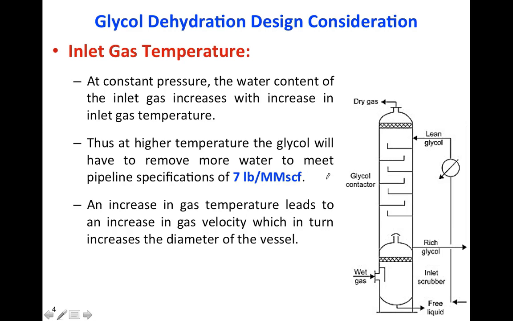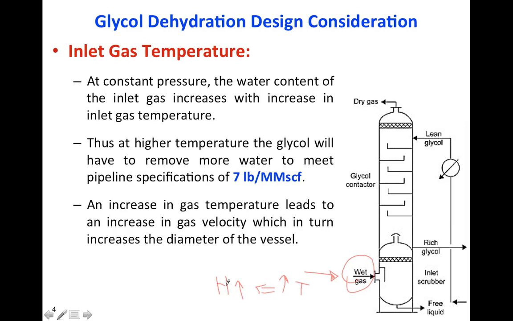So we have an inlet gas, which is a wet gas that goes inside the column. It's similar to acid gas treatment. We have a separator that can separate some impurities from the gas. So first of all, if the inlet gas is coming from another unit and has a higher temperature, the higher temperature means higher humidity.